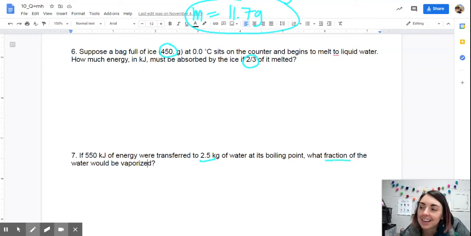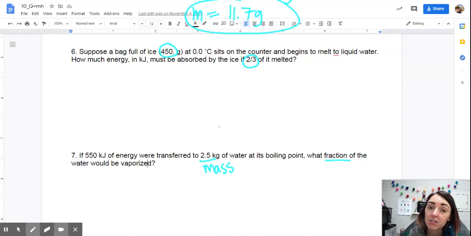That's implying that this whole thing won't be vaporized. So this is actually just a simple solve for mass. You're going to compare the mass you get to that 2.5 kilograms, because 550,000 joules is not enough to vaporize 2,500 grams of water. So you're going to figure out how much it actually can vaporize.